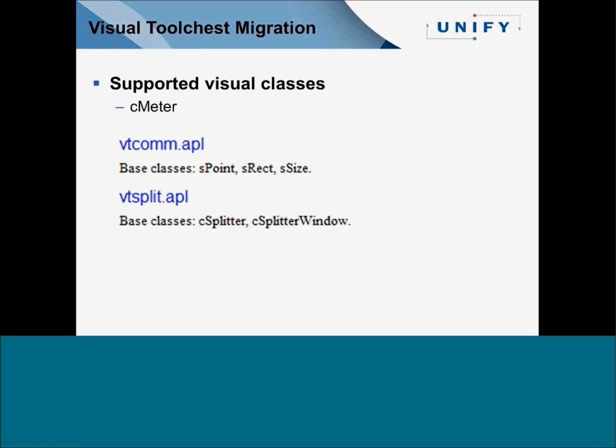Some supported visual tool chest classes are, for example, the CMeter. In TD 6.2, we will have a new CMeter class to give a modern way to have a CMeter, but you will find all this information also on our web page, like which tool chest is supported inside Team Developer for .NET.